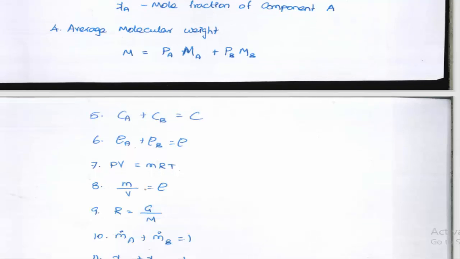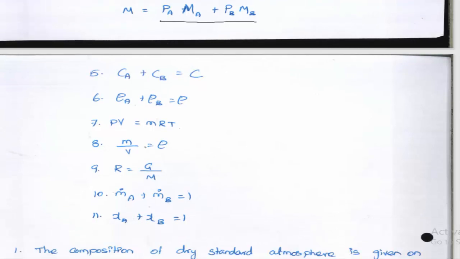Consider air consisting of hydrogen, nitrogen, oxygen, all those major components. The average molecular weight of the air has to be found out using this formula. Next, I already told you rho equal to rho A plus rho B plus rho C. Similarly, molar concentration C equal to C_A plus C_B plus C_C.